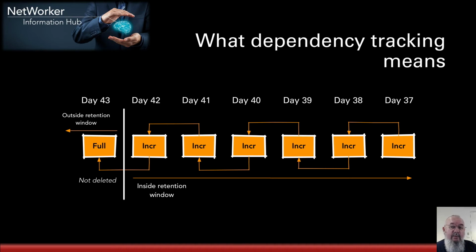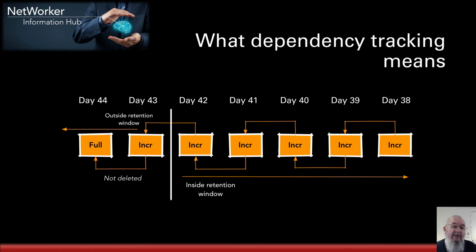So that means NetWorker won't delete that full backup. In fact, NetWorker won't delete the full backup when the first incremental goes outside the retention window, because there are still incrementals within the retention window that require those backups in order to be recovered.